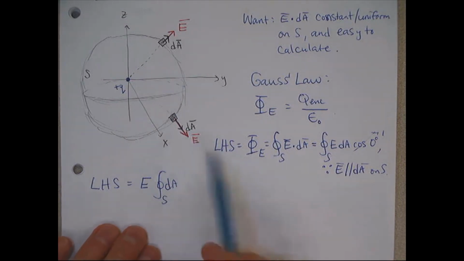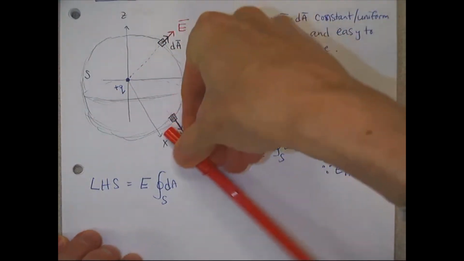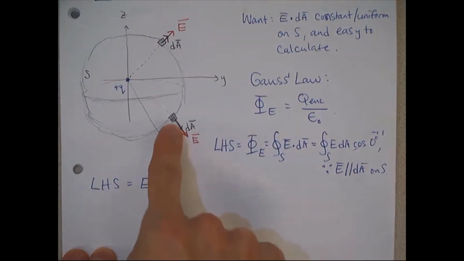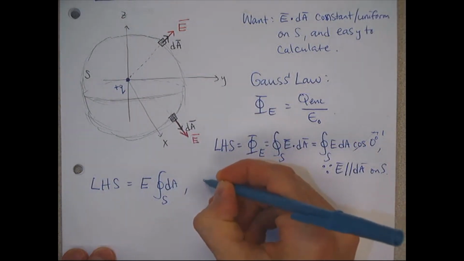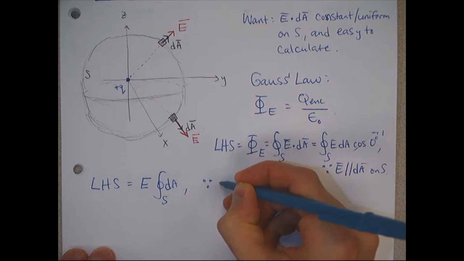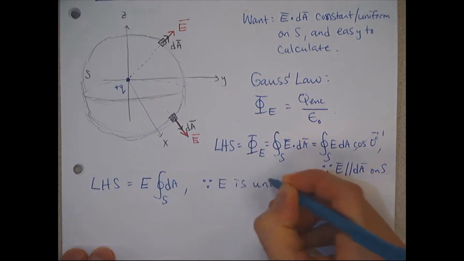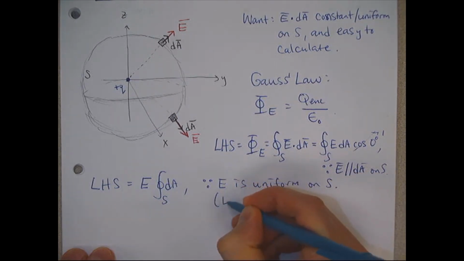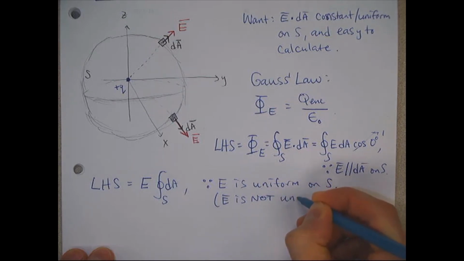On the surface S, of course, the electric field vector is changing its direction everywhere, but its magnitude is uniform on S. Be careful to understand we're not saying that the E vector is uniform.